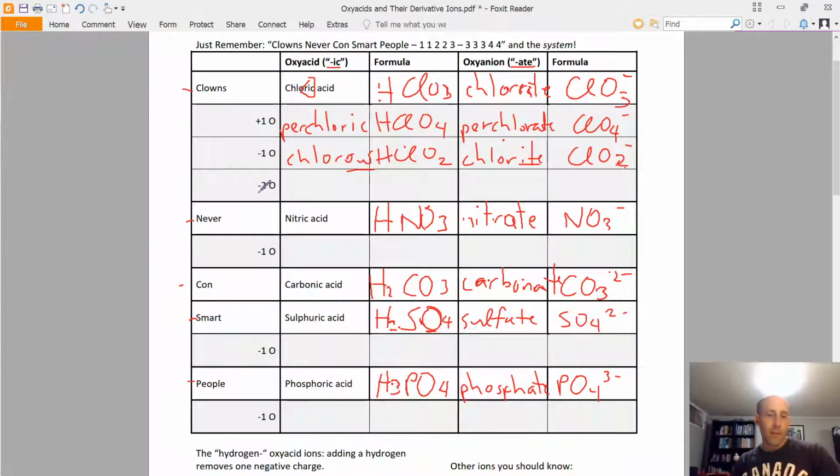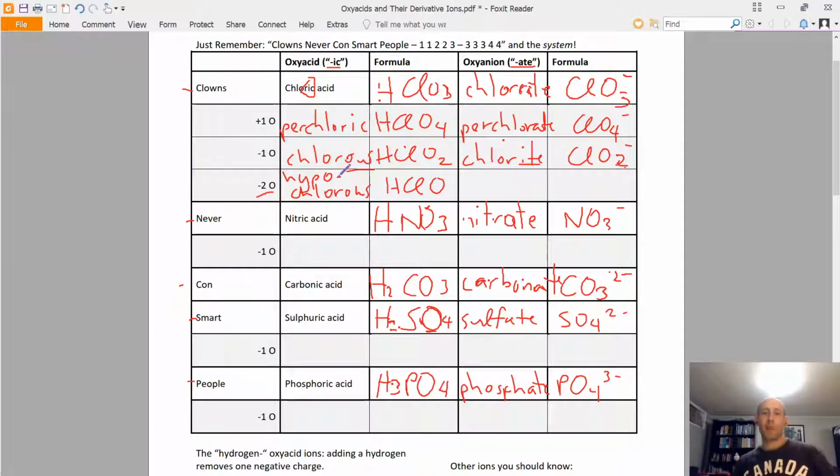All right, there's one more for this. You can also, with the clowns only, with chloric acid only, you can lose 2 oxygens. And that gives us HClO, right? We've gone from 3 minus 2 to 1. So there's only 1 oxygen there. It's still called chlorous, but because it's less than, we call it hypochlorous. Hypo means below or less than, like a hypodermic needle goes below the dermis, the skin. This is hypochlorous, one word, okay?